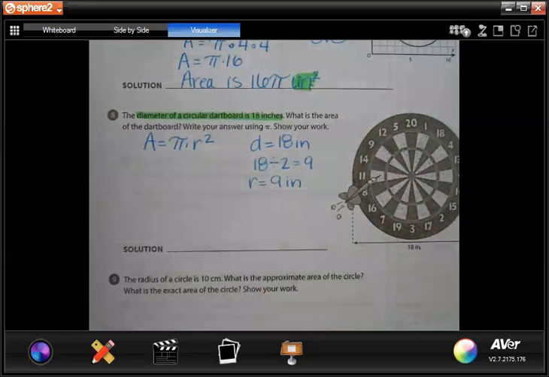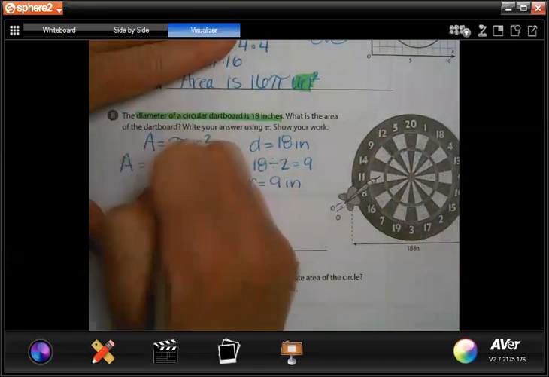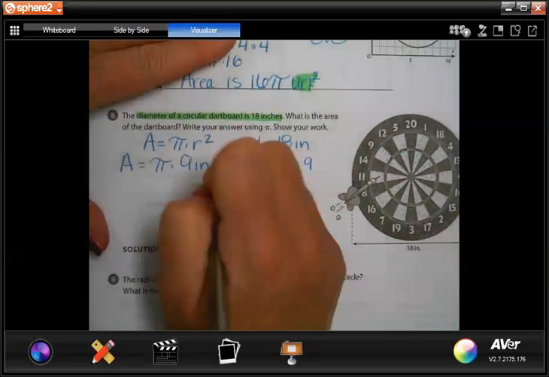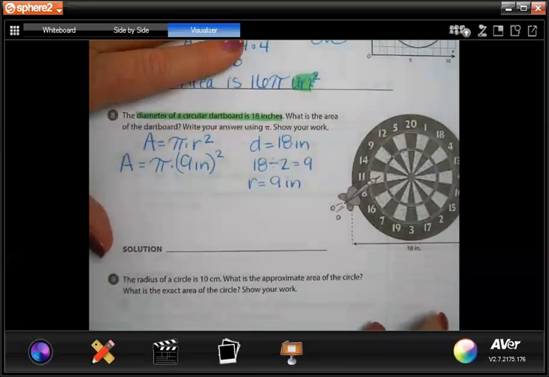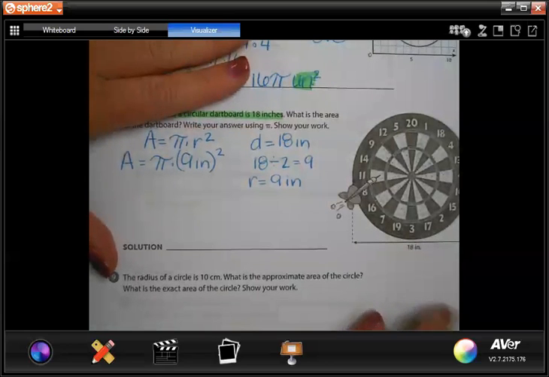Now let's plug it in. Area equals pi times 9, we'll keep the label in there, 9 inches squared. Do not, I repeat, do not tell me that it is 18. It is 9 times 9.